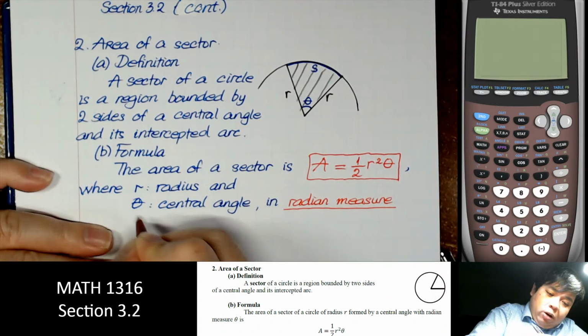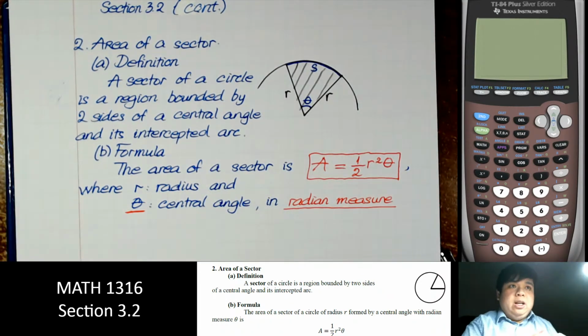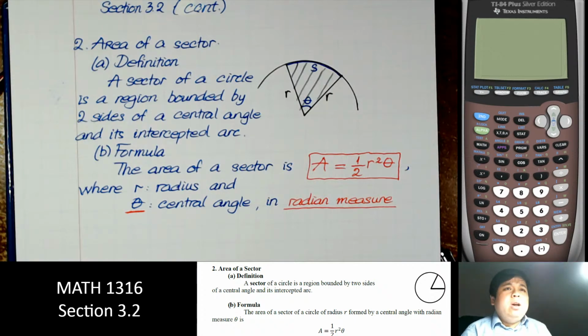That is very important. Theta has to be in radians. So let's try to kind of prove that in a sense.